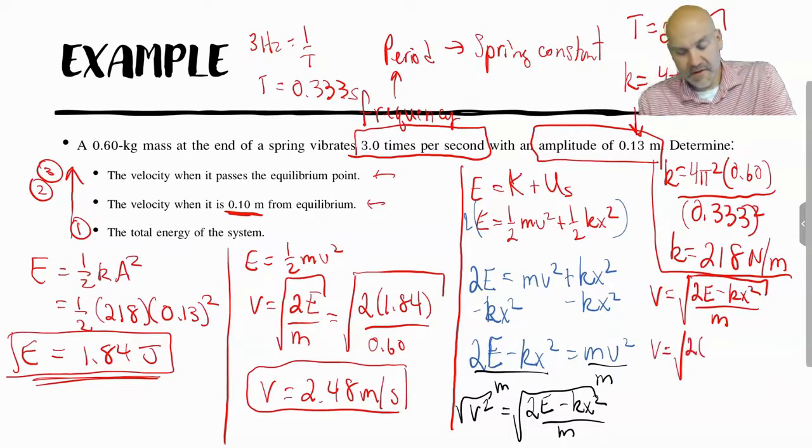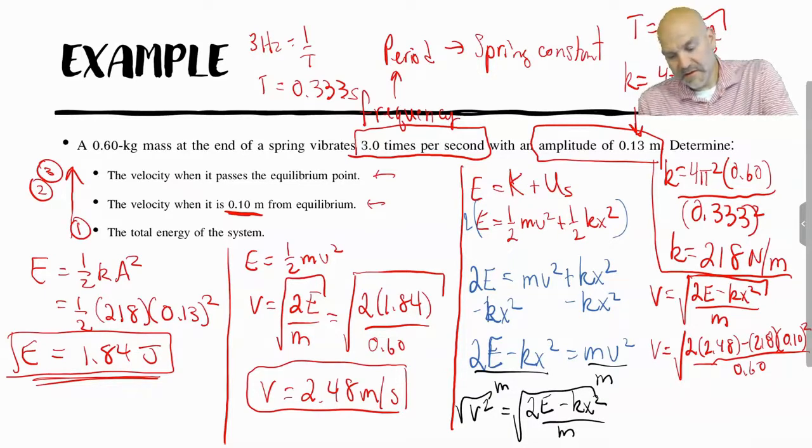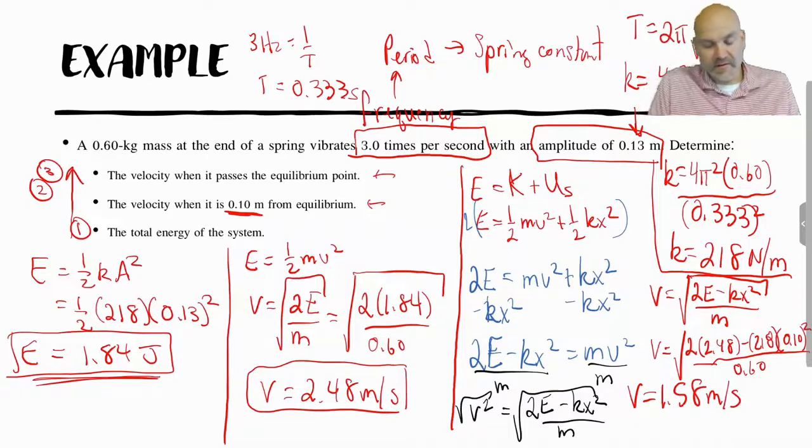And so that would be the square root of 2 times 2.48 minus 218 times 0.10 squared over 0.60. Okay, and that will give us a velocity of 1.58, if I can read my handwriting correctly. So let me just do that real quick.